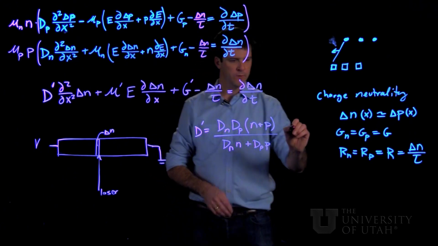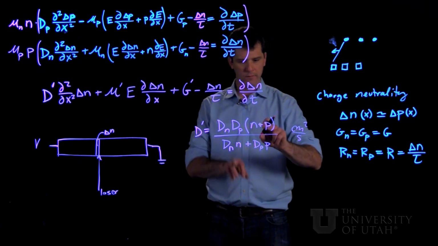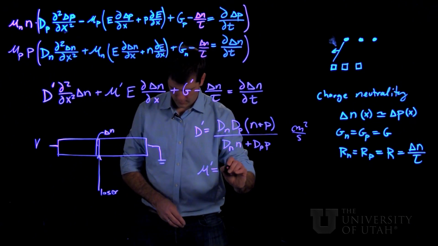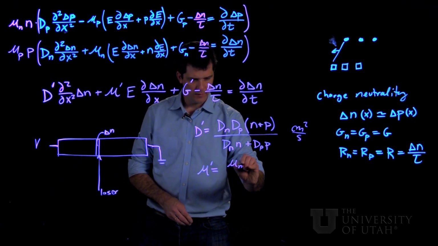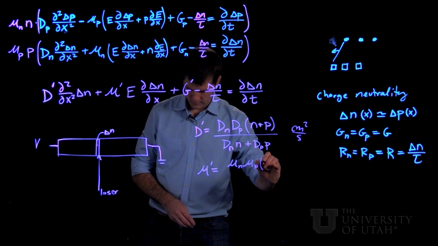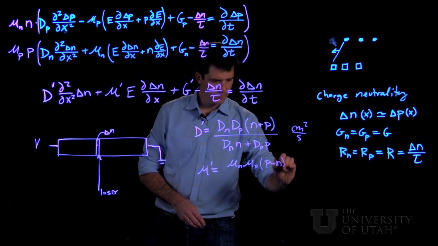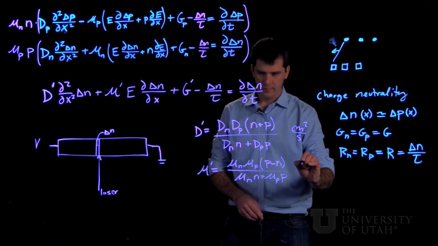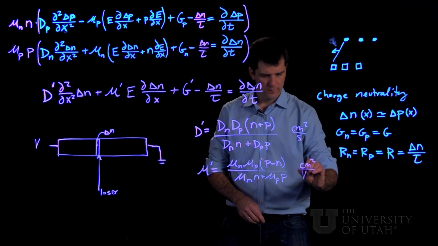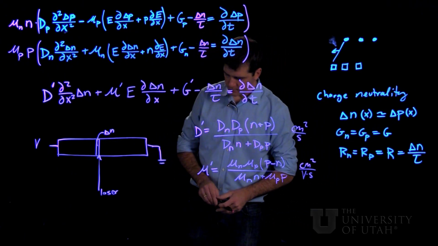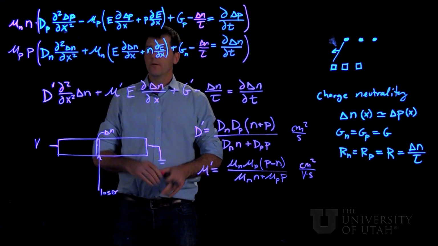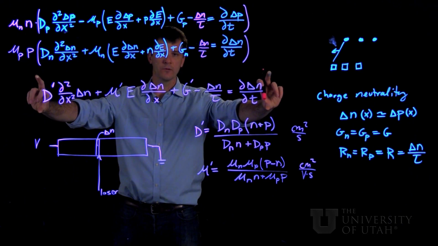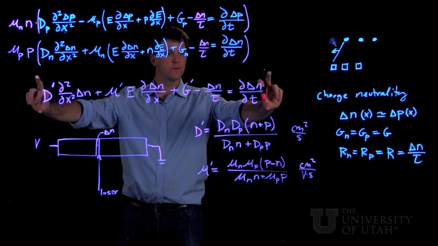They will end up with the same units of centimeters squared per second because of this cancellation, however. And the mobility kind of similarly is weighted by the total carrier density, but it's a difference instead of a sum. And this is centimeters squared per volt second. So this master equation here governs the ambipolar transport of excess electrons and holes inside the semiconductor.